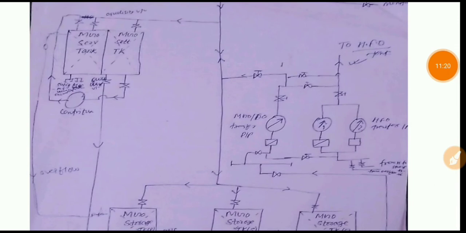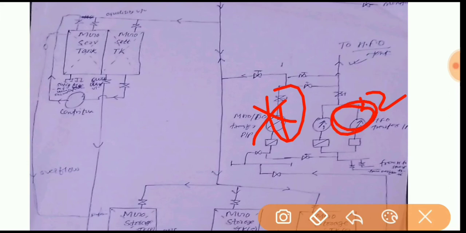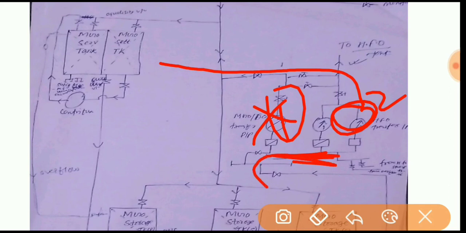Here we see 2 HFO pumps and 1 DO pump. If this one gets damaged, then this pump is used for transferring fuel from one tank to another tank. We can see one line connected here, one line connected here to the suction of HFO if this pump gets damaged.